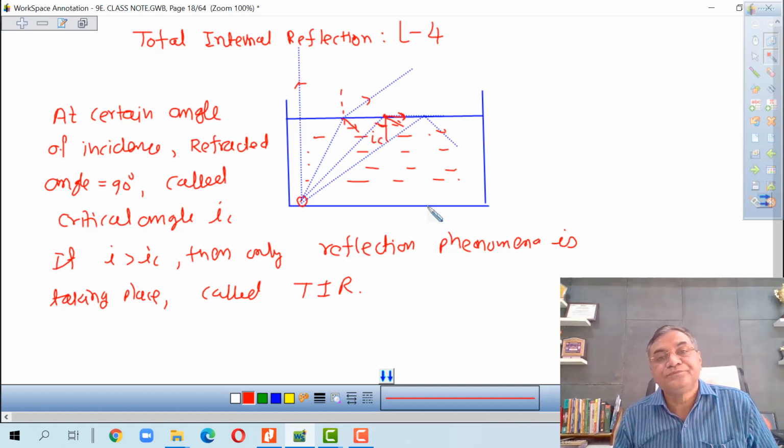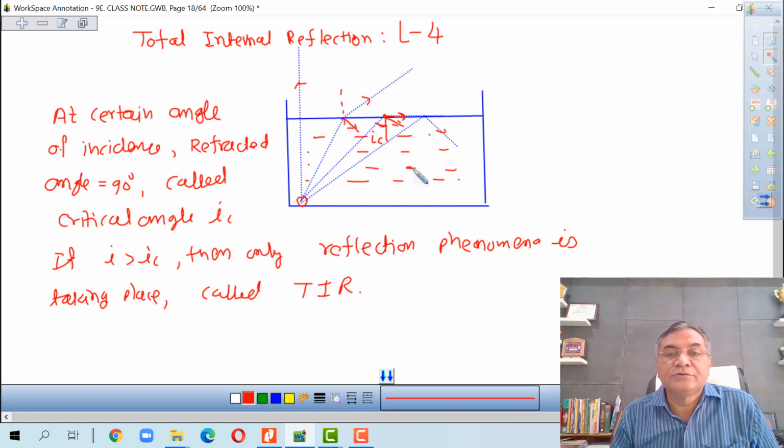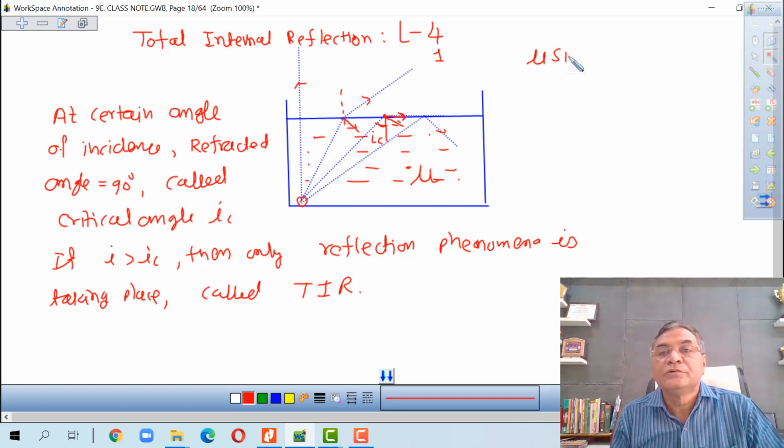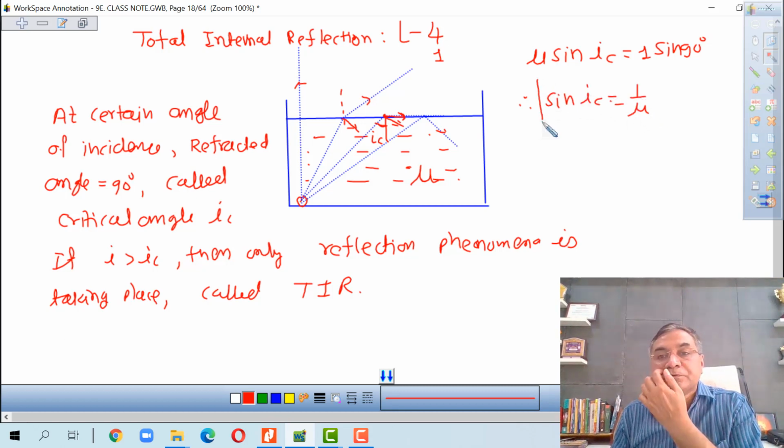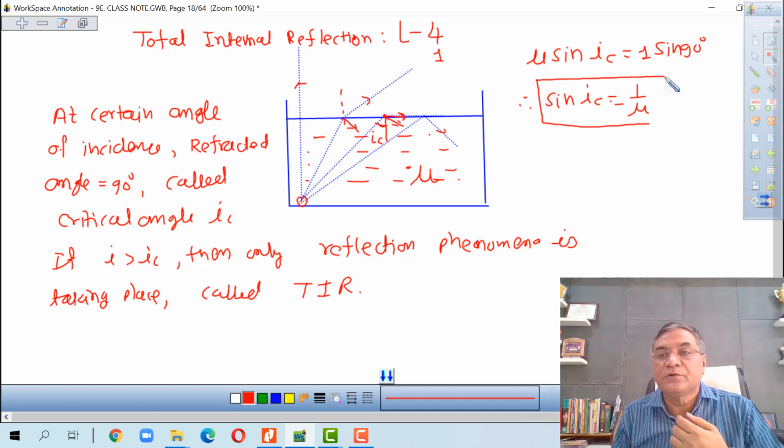IC કહીશું. So I use Snell's law. So here I use refractive index is mu, and here R, so I say take 1. So mu sin IC is equal to 1 sin 90 degree, and therefore sin IC is equal to 1 upon mu. So this is a very basic formula.